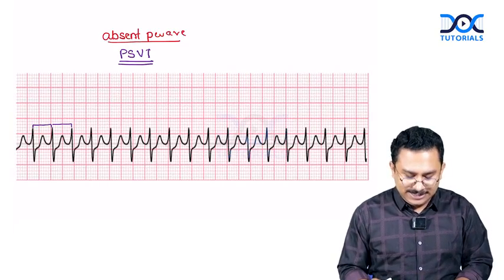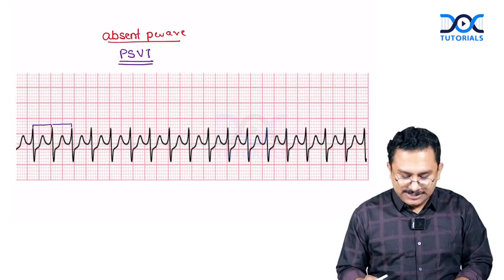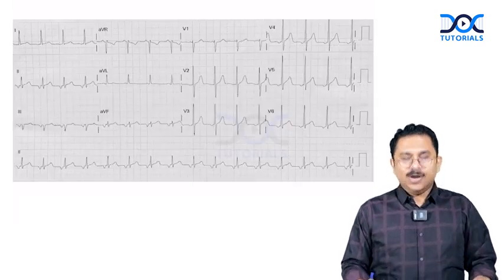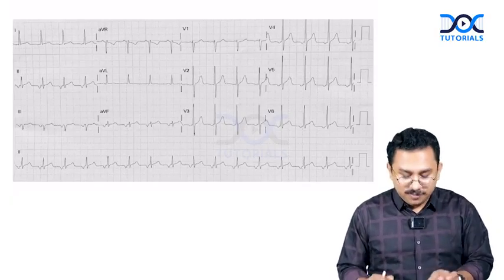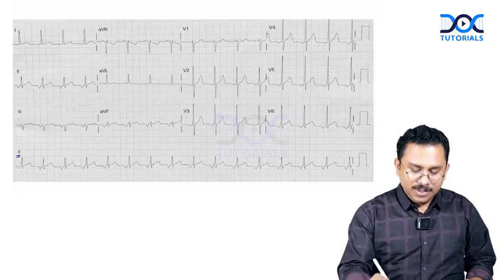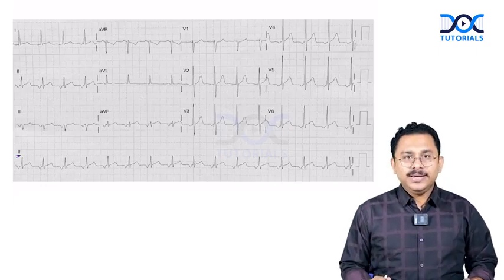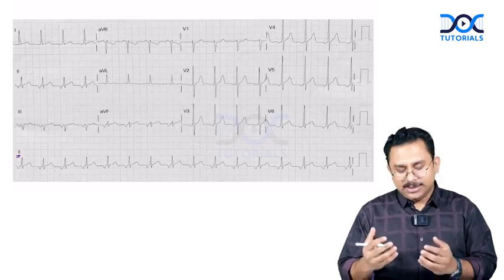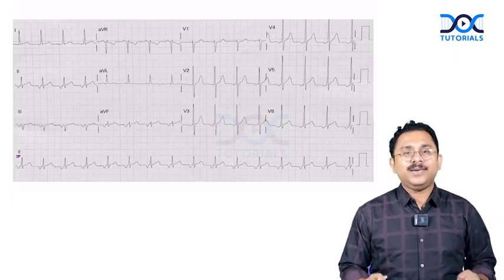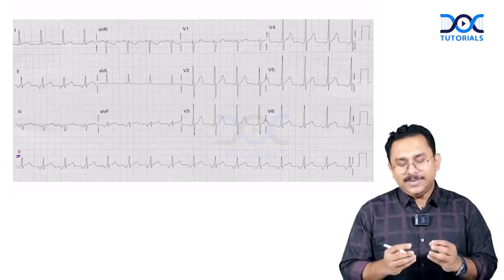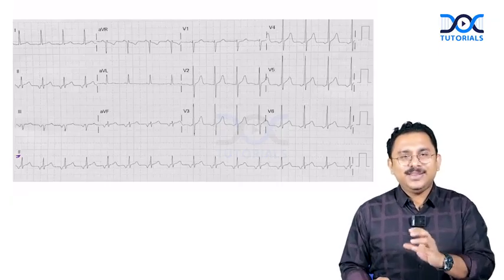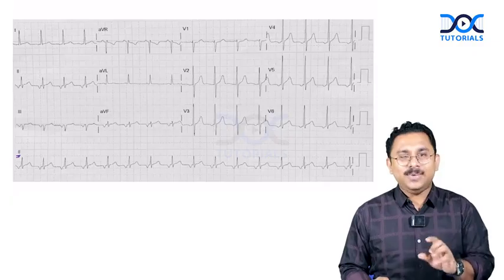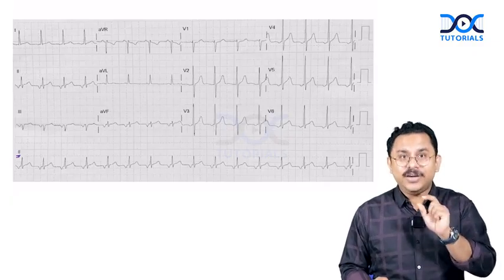Now, let us discuss the next ECG. Let's have a look at this ECG. What is unique about it? If you look at the rhythm strip, that is the long lead 2, you see a heart rate of around 100 per minute. So it is again a regular narrow complex tachyarrhythmia. Once you have identified that, the next step is to look at the P wave morphology.